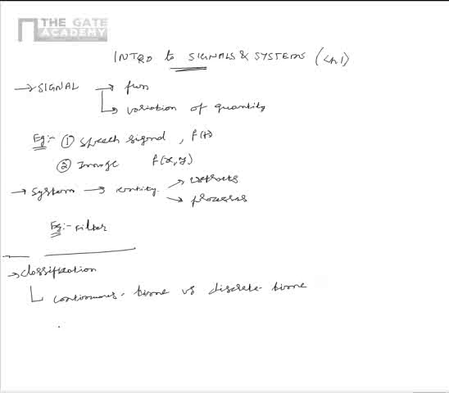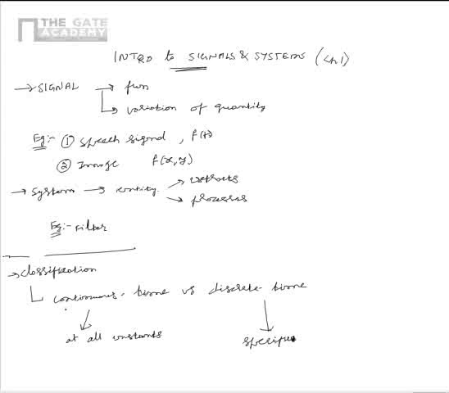In case of continuous time signals, the signal is defined at all instants of time, whereas in case of discrete time signals, the signal is defined only at specific instants of time.